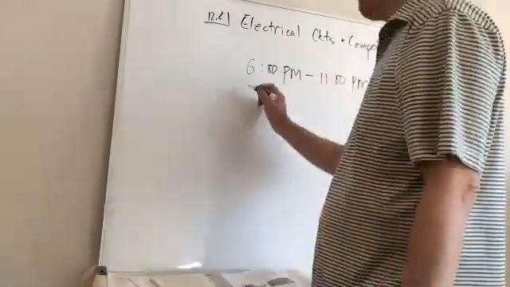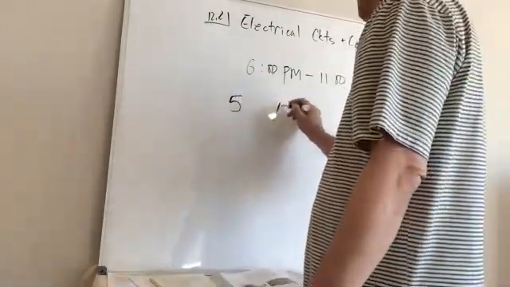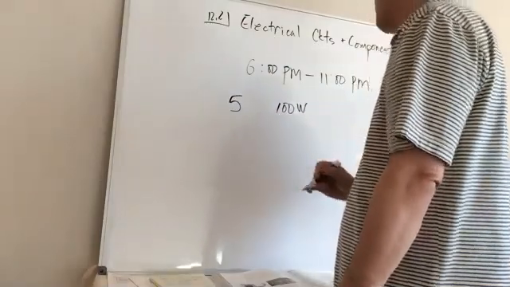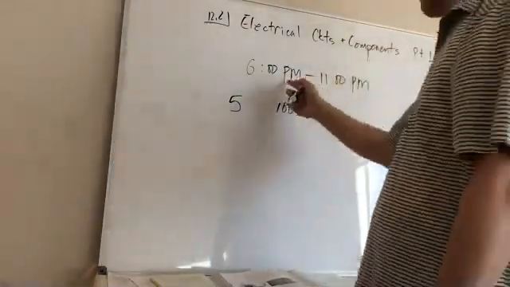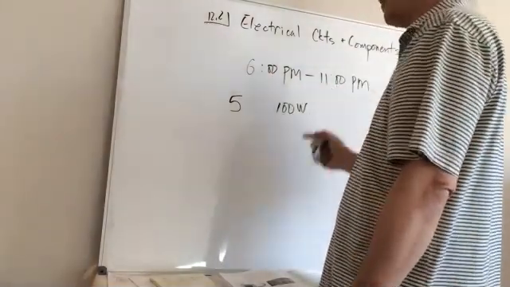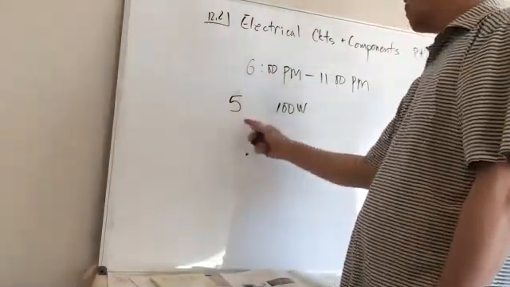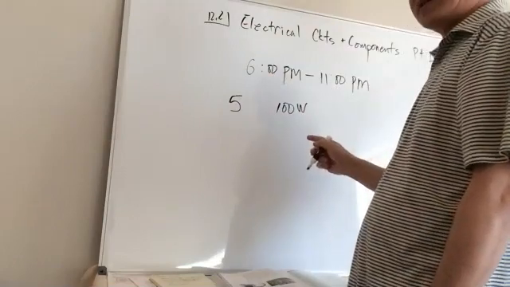So we have 500-watt light bulbs that we're using from here to here. How many hours? We're looking at 5 hours of consumption, and each hour we are consuming how many watts?